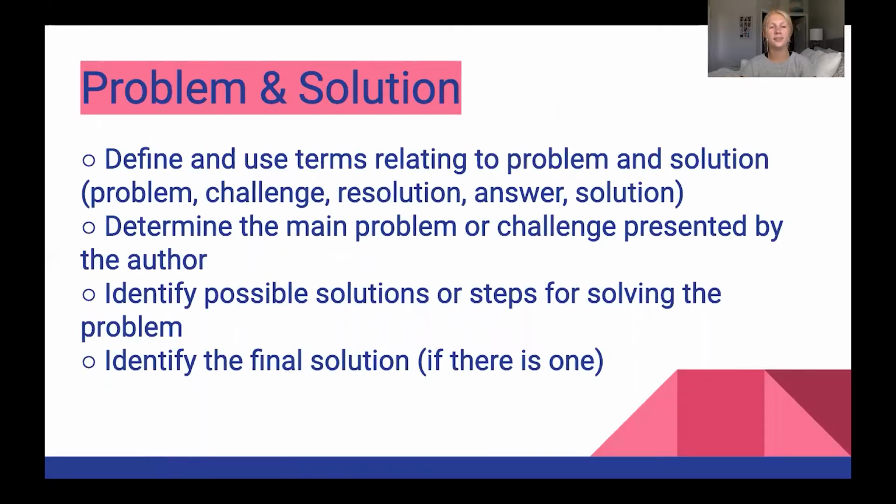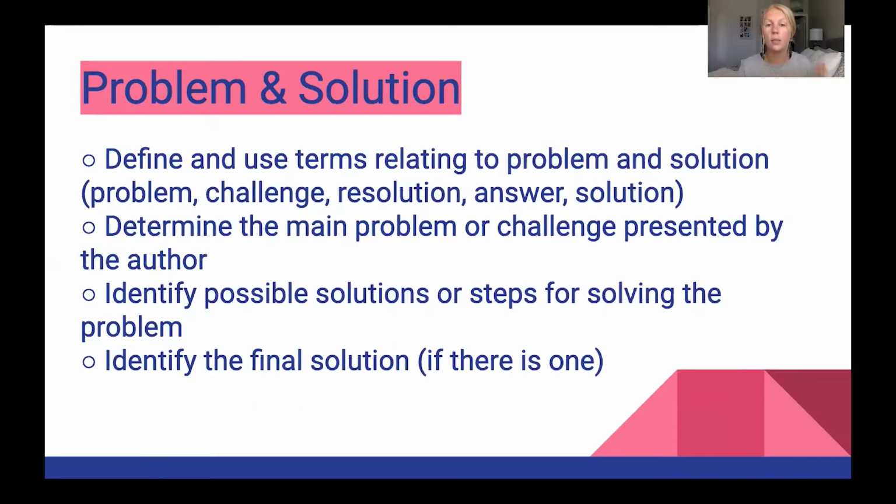Problem and solution. Define and use terms relating to problem and solution. These terms might be problem, challenge, resolution, answer, and solution. Determine the main problem or challenge presented by the author. So when we're looking for problem and solution, we need to determine the main problem, or we could consider it a challenge presented by the author.